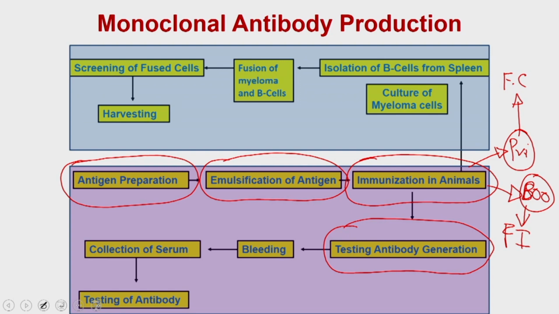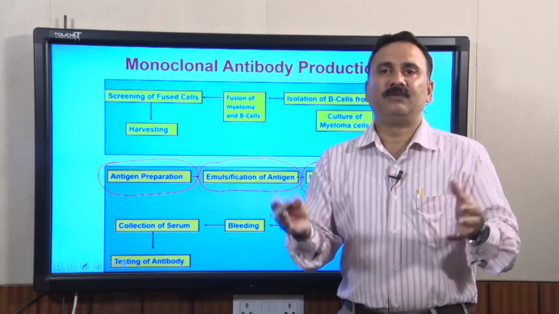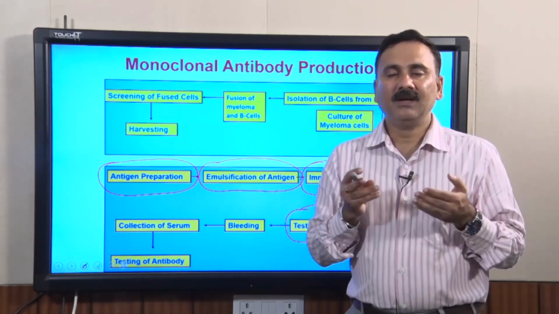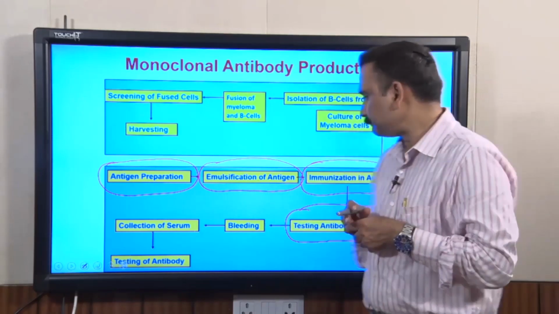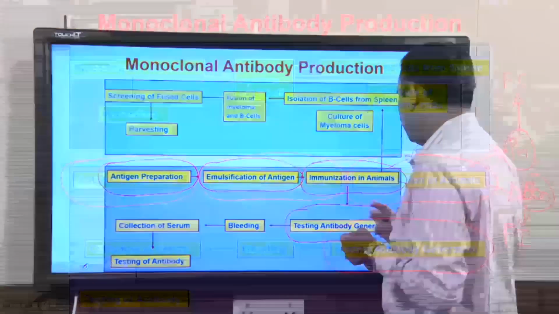Freund's complete adjuvant contains the mycobacterium cell wall, whereas Freund's incomplete adjuvant only contains oil and some amount of detergents. Then you have to test the antibody generation.